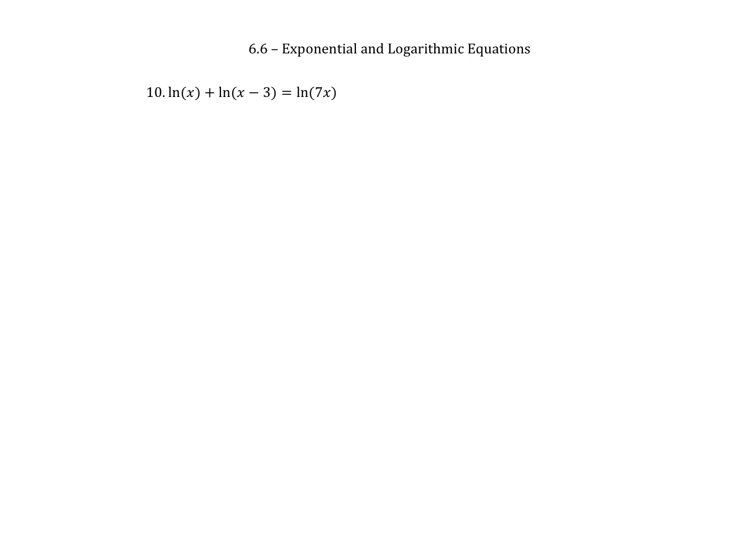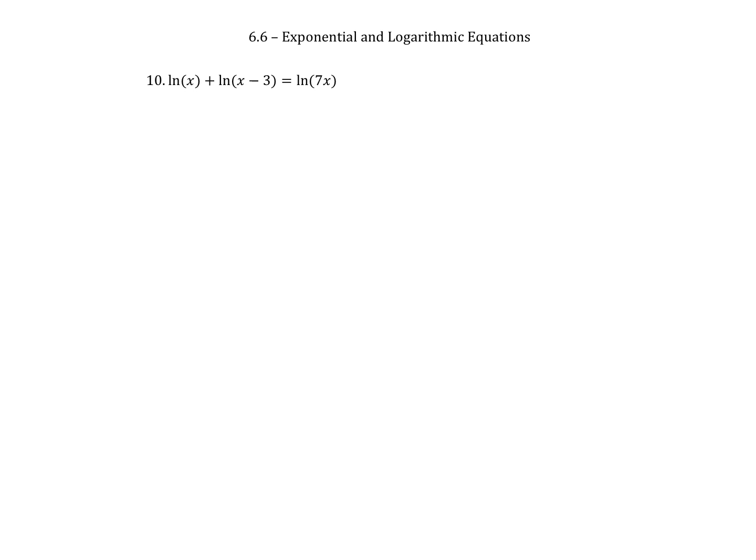So the last example I want to share with you is number 10. Again, we really want to have one log on each side of the equal sign. On the left-hand side, these are both natural logs, base e, so I can combine them. Since it's a plus, this is going to be a product. So this would be the natural log of x times (x minus 3) is equal to the natural log of 7x.